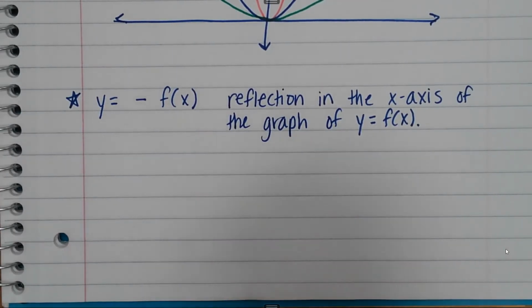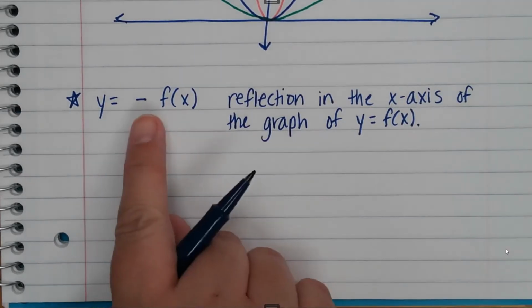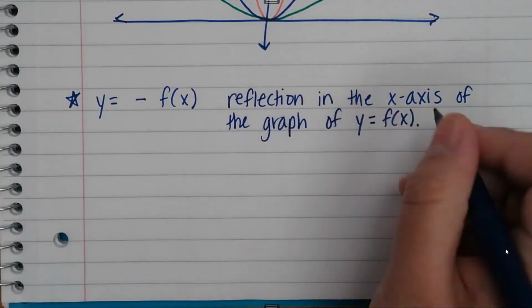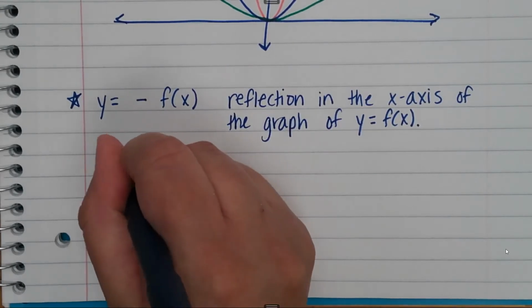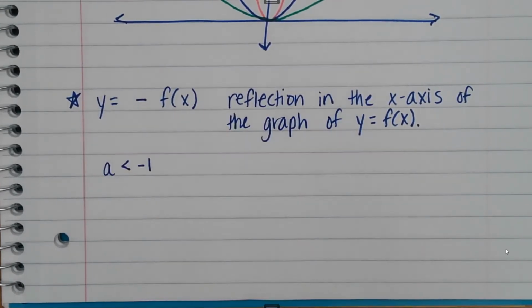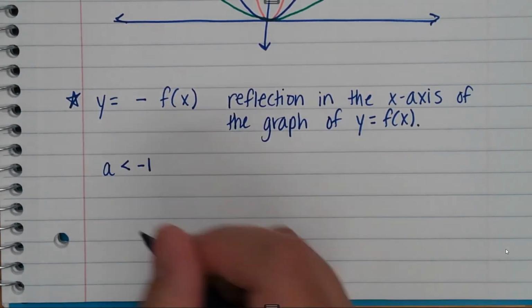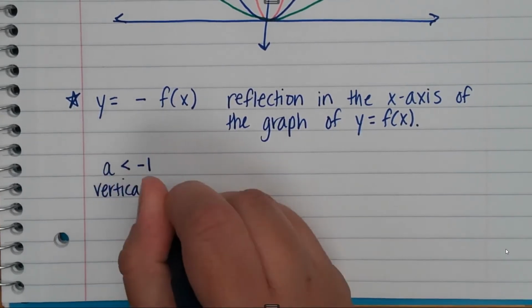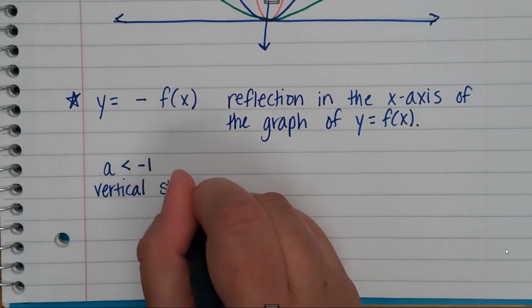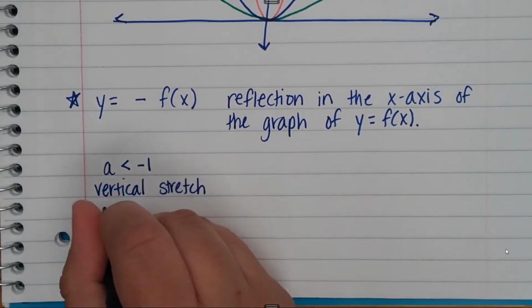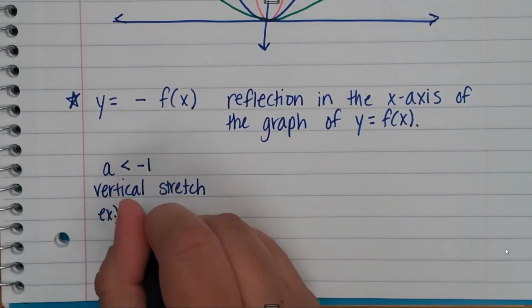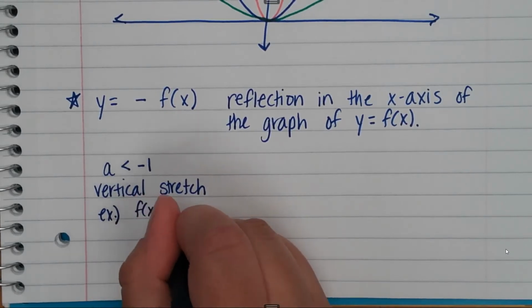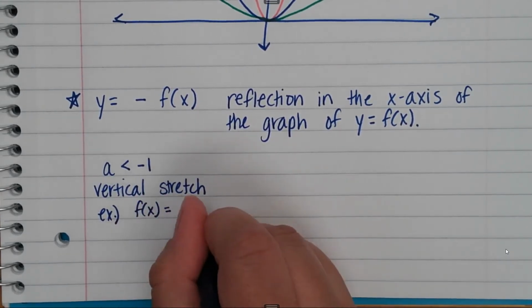Now, if right here in the front, a is less than -1, then you're going to have a vertical stretch. An example of that would be if you have an equation that says f of x equals -3x squared.